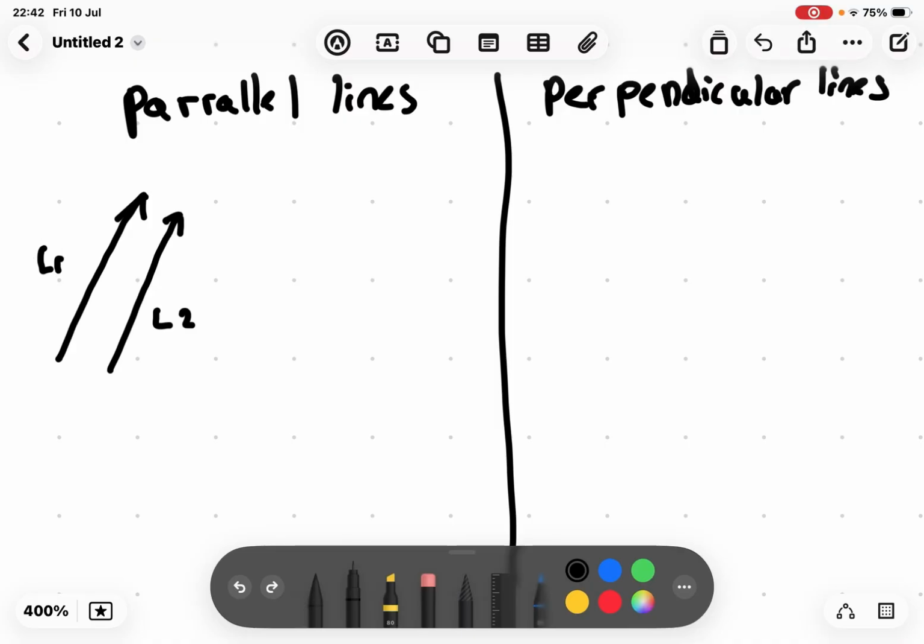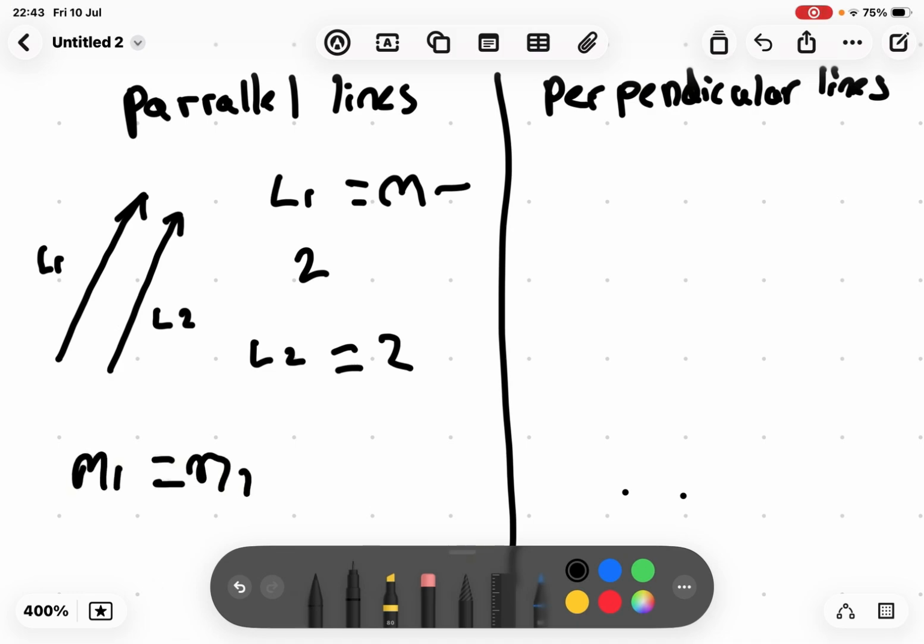Let's say for L1 the m is 2. What would be the gradient for L2? Well, it's going to be the same thing. Straightforward. So basically M1 equals M2 in parallel lines. And the sign for it is this, like this.